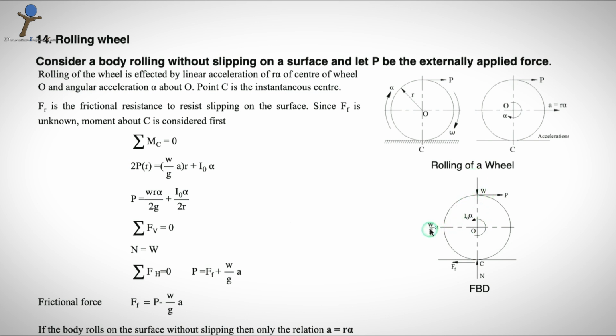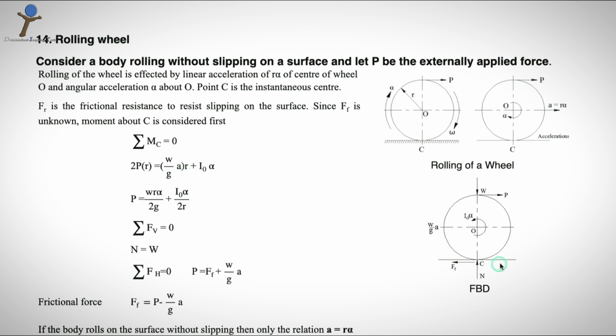Here W by g into A at a distance of R. Now the arrowhead is towards the left, rotate the arrowhead towards the moment center, it moves in this direction, that means counterclockwise. So you can either put minus or you can take it to the other side of the equation. So W by g into A into R, a counterclockwise moment.